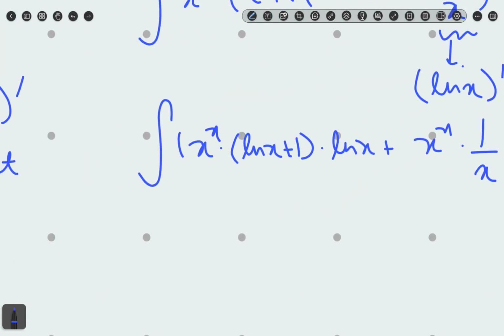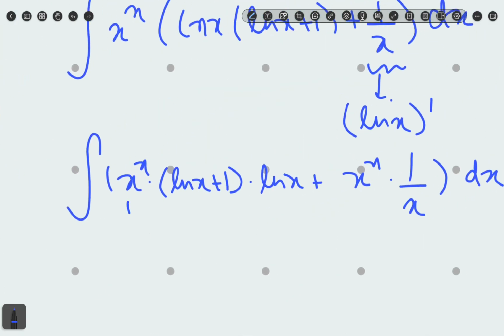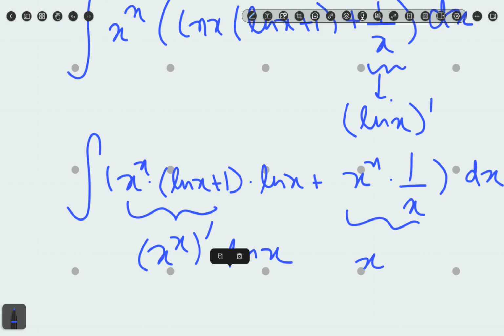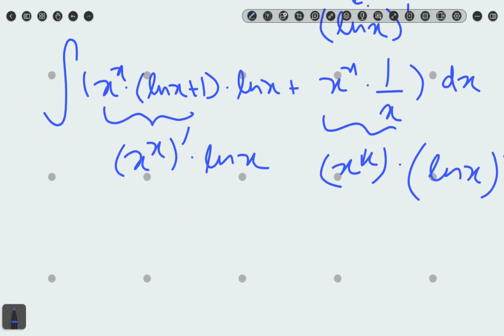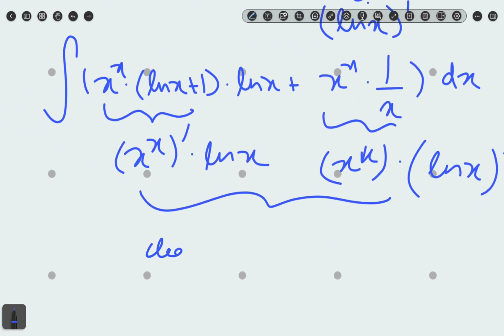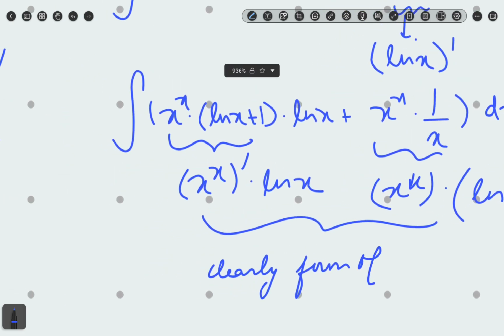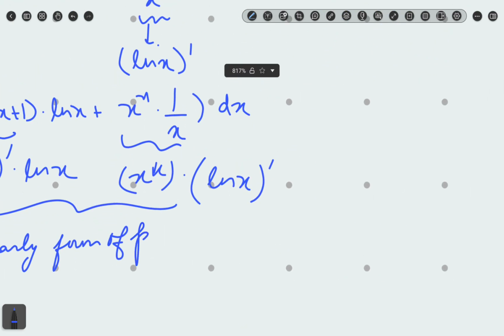Right. So if we look at this carefully, the differentiation of x to the power of x into ln x, and x to the power of x into the differentiation of ln x is given here, right? So this is clearly the form of the product rule, right?